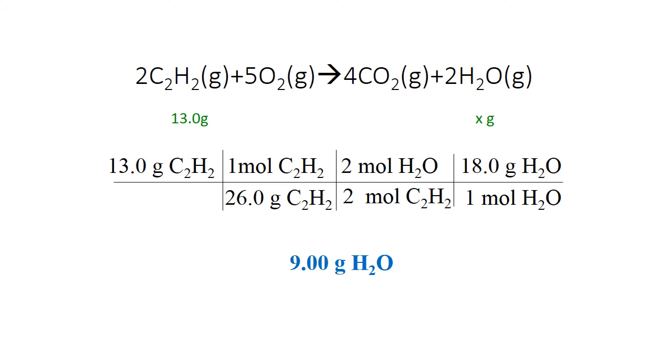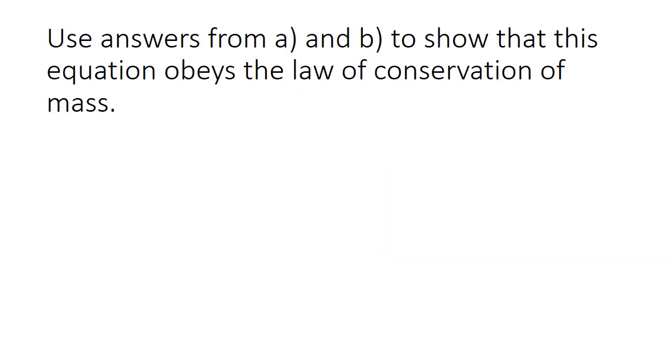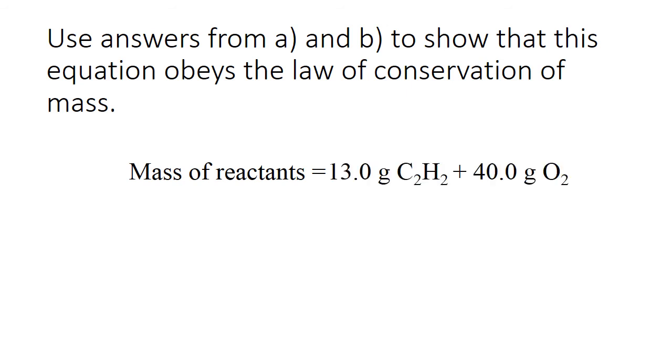So now we're asked to use the answers from A and B to show that this equation obeys the law of conservation of mass. And for the law of conservation of mass to be obeyed, the mass of our products must be equal to the mass of our reactants. So let's find the mass of reactants. We started with 13 grams of ethane, and we know it reacted with 40.0 grams of oxygen because we calculated that.